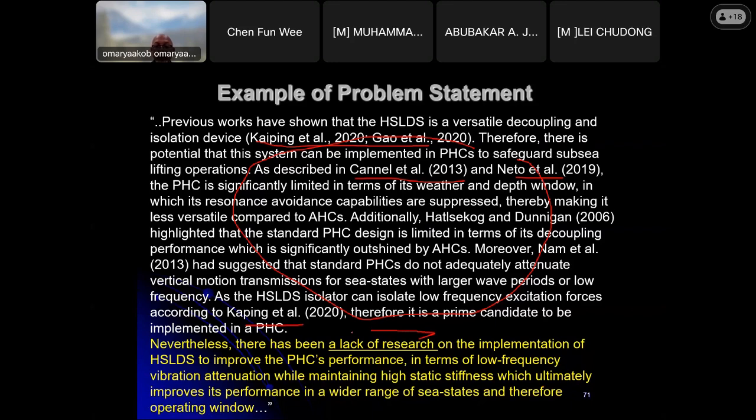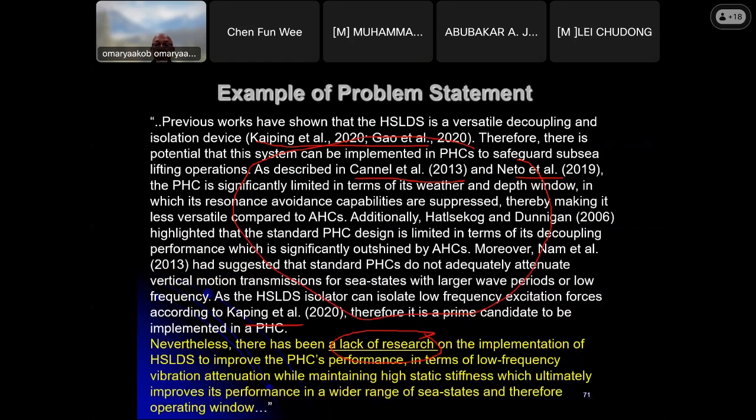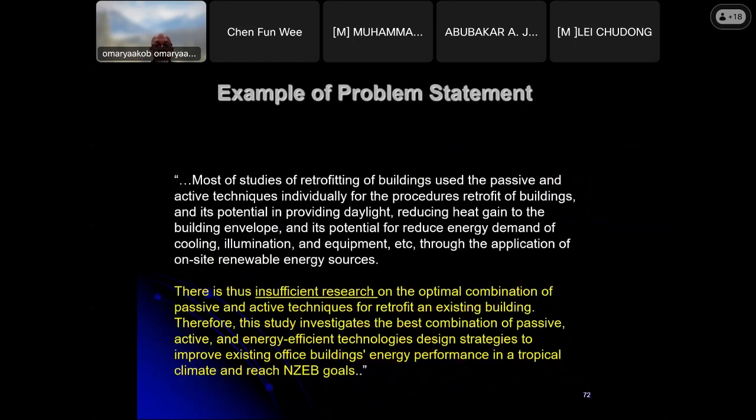Okay. So lack of research is the declaration of the problem. Previously, it was the unexplored. Here it's lack of research. Here, most studies of retrofitting buildings use passive and active techniques and its potential. So this is based on the previous paragraph, where we were talking about the studies for retrofitting buildings.